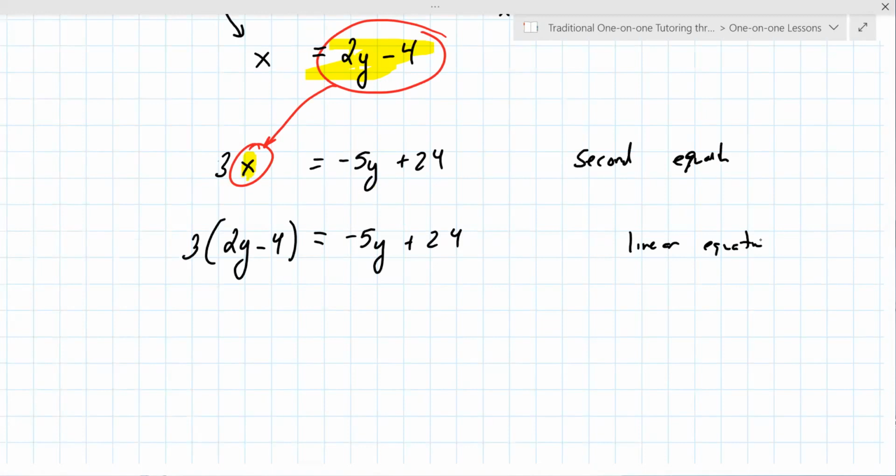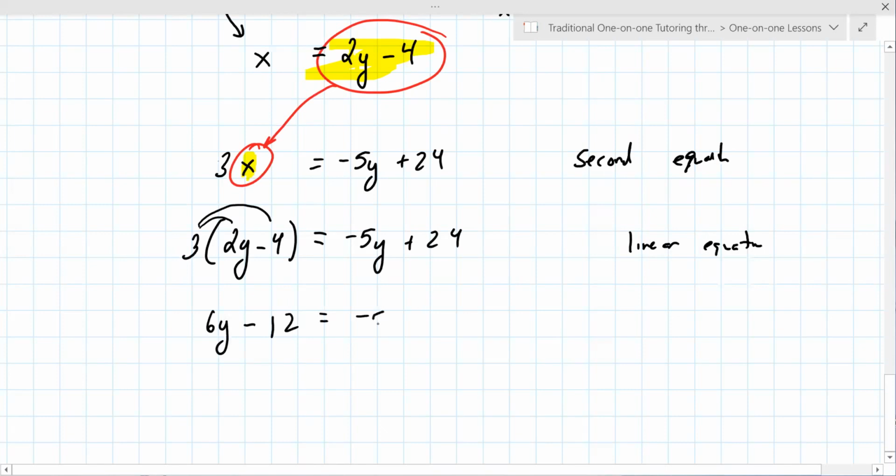All right, I wrote it down. Okay, so on the left here, we're going to distribute the 3 to both of these. So 3 times 2y is 6y, minus 3 times 4 is 12. And then we just rewrite what's on the right-hand side.